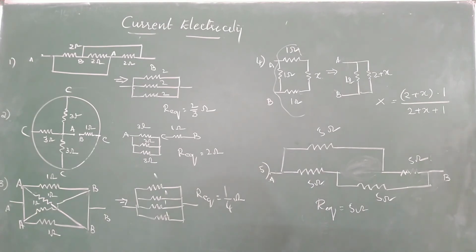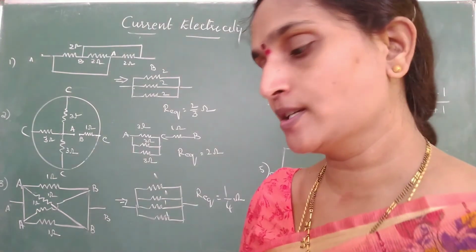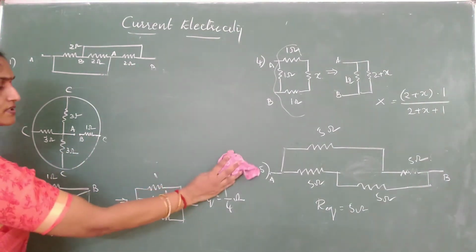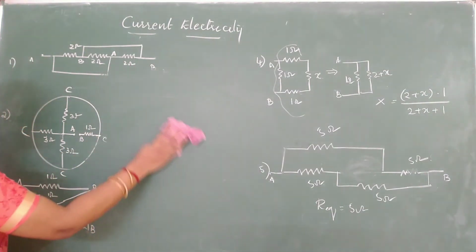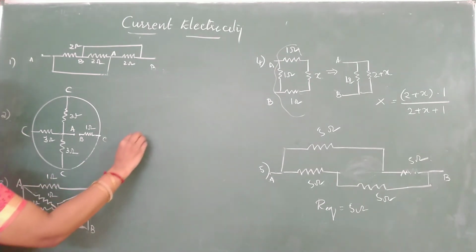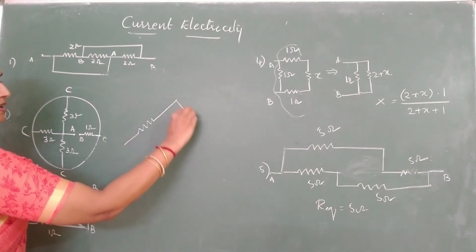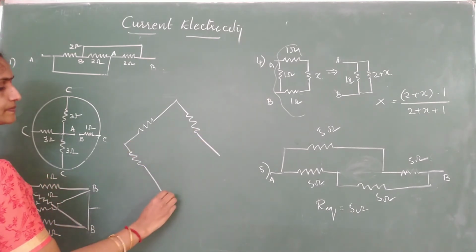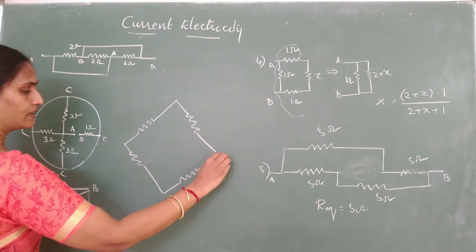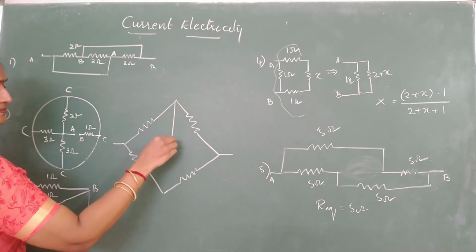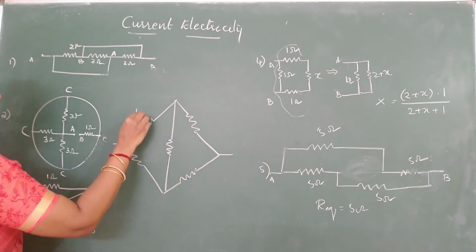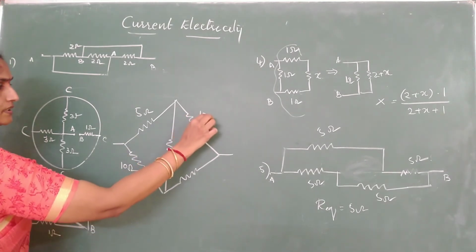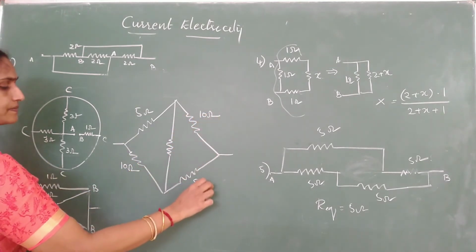But while solving a question on the Wheatstone bridge principle, if the bridge is unbalanced, they may ask you what will be the direction of current. Let me show you an unbalanced Wheatstone bridge. Five ohms, 10 and 5.